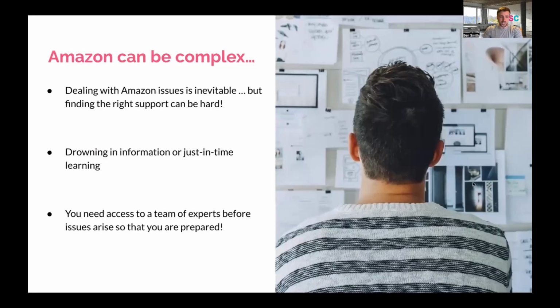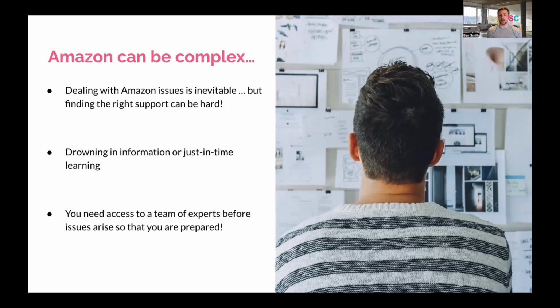And we know Amazon can be complex, right? So if you're a newer seller and you do not have issues yet, take a second and pat yourself on the back, enjoy it, because they will come. They're inevitable. And when they do come, or even now, it can be tough to find the right support. Fortunately, there's a lot of great speakers, both here at the event and online, and a lot of amazing information out there.